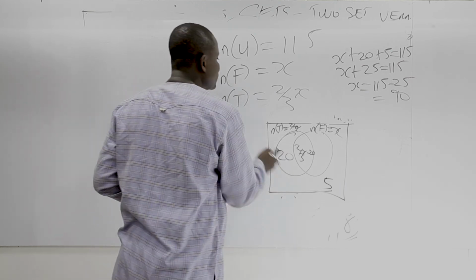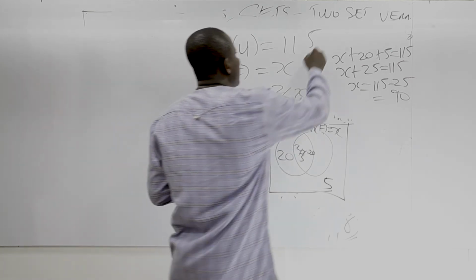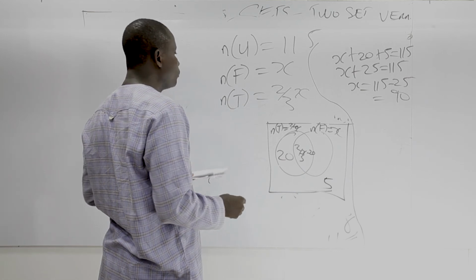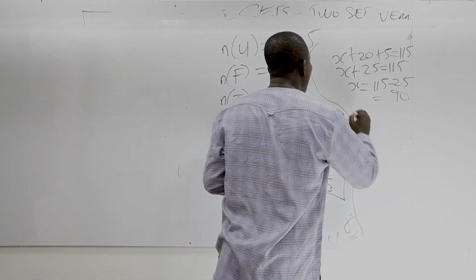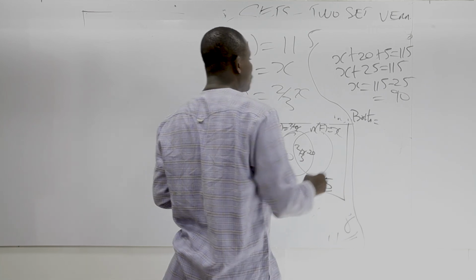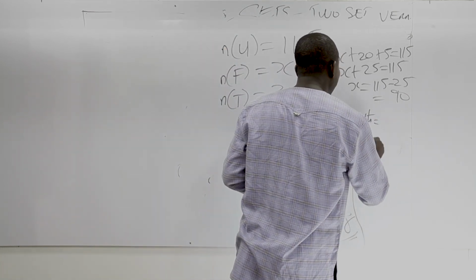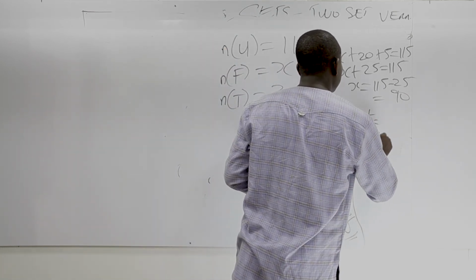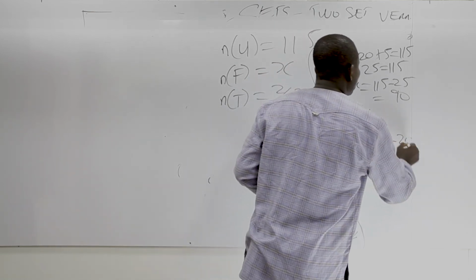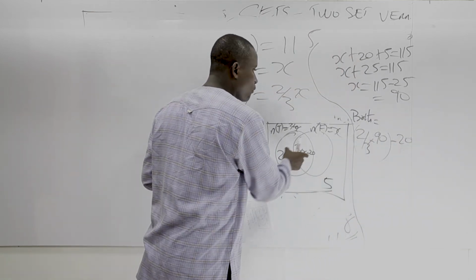If here is 90, then let me ask you, how many played both? So both is going to be what? It's going to be two-thirds times 90. Okay? Watch here. Minus 20. The whole of this is the both.